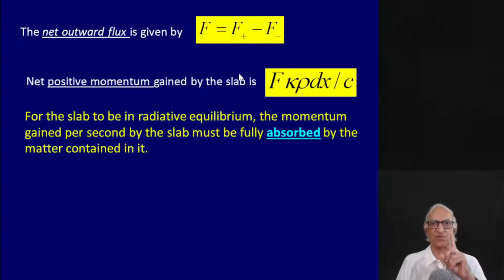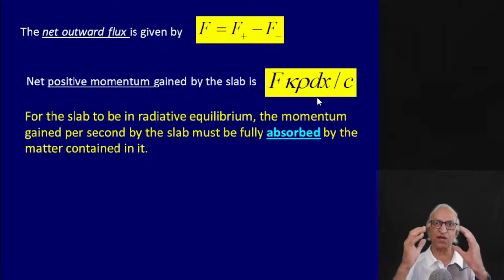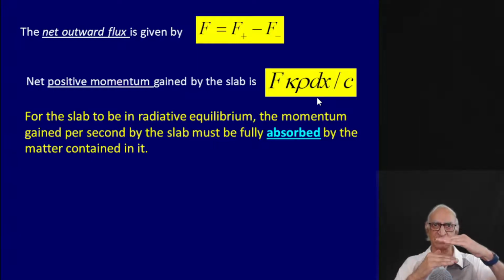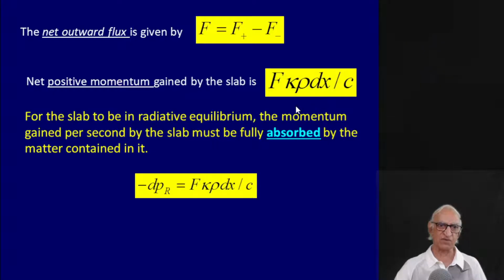Now, here is the important point. Please pay attention to this. For the slab to be in radiative equilibrium, in other words, for the slab not to be blown away by the pressure of the radiation, the momentum gain, which is indicated over here, must be absorbed fully by the slab. It must be absorbed and converted to a pressure differential, which is now given by dPr, Pr for radiation pressure, equal to minus F kappa rho dx by c.